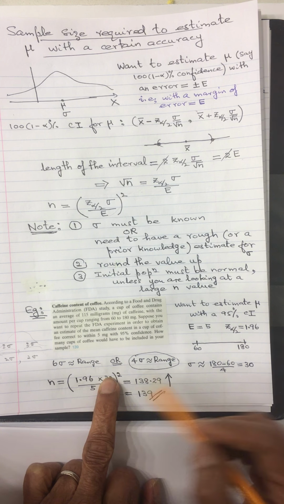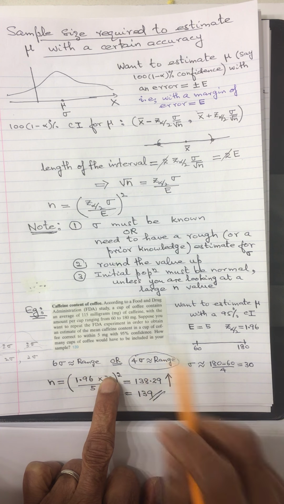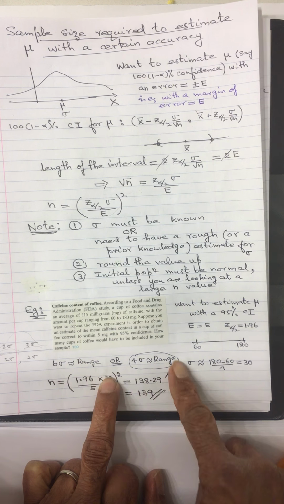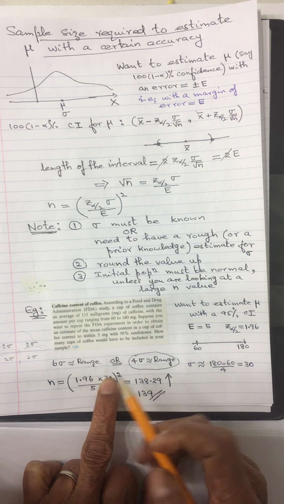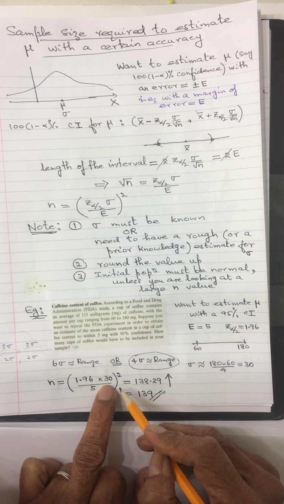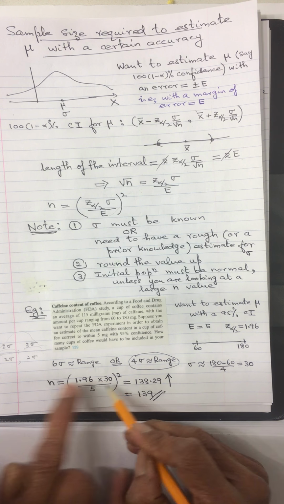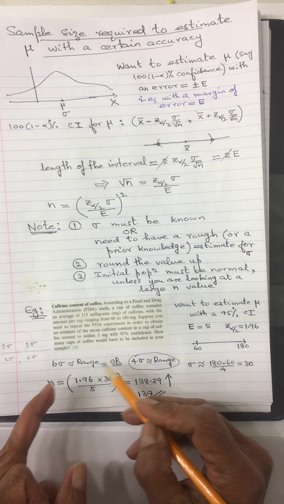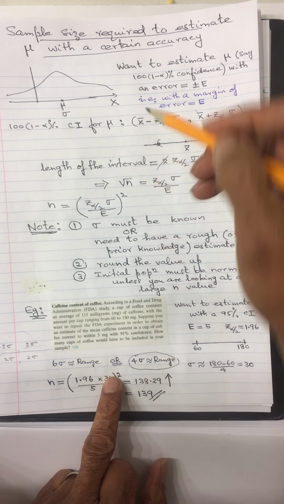Because you do not know anything about that sigma, you want to make a conservative estimate for sigma. So in other words, if you put a 20, eventually you might be looking at something less. You might not achieve your goal.